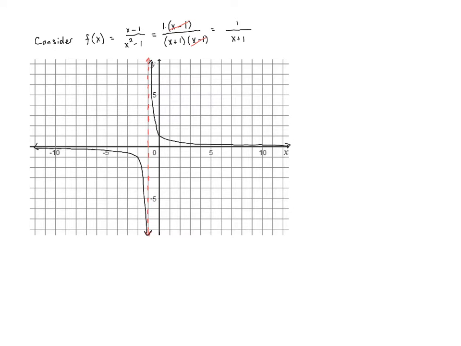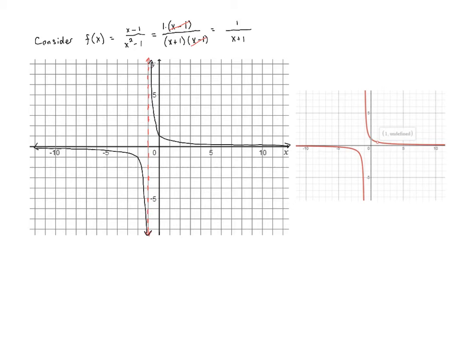If we look at Desmos to see what that graph looks like, we can see something interesting. If we look at this graph on Desmos and we hover our mouse over the point on the graph that would correspond to x equals 1, we end up with an open circle.